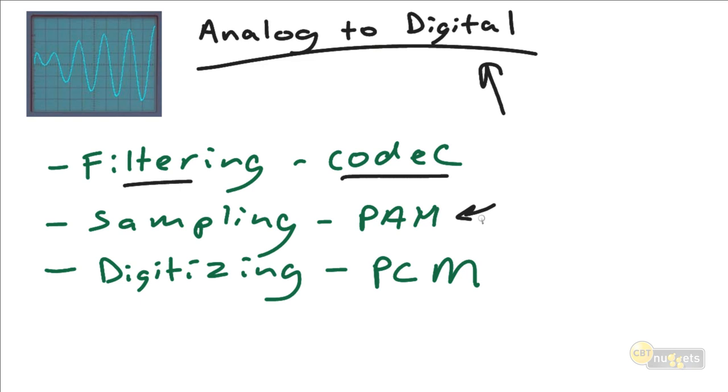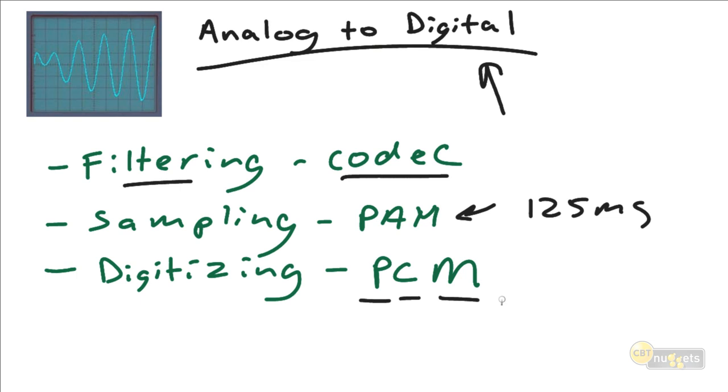This would be equal to 8,000 times per second, or sampling every 125 microseconds was what they developed. And then finally, this information has to be digitized. This is done with pulse code modulation, taking the analog to digital converter on the source side and making it happen.